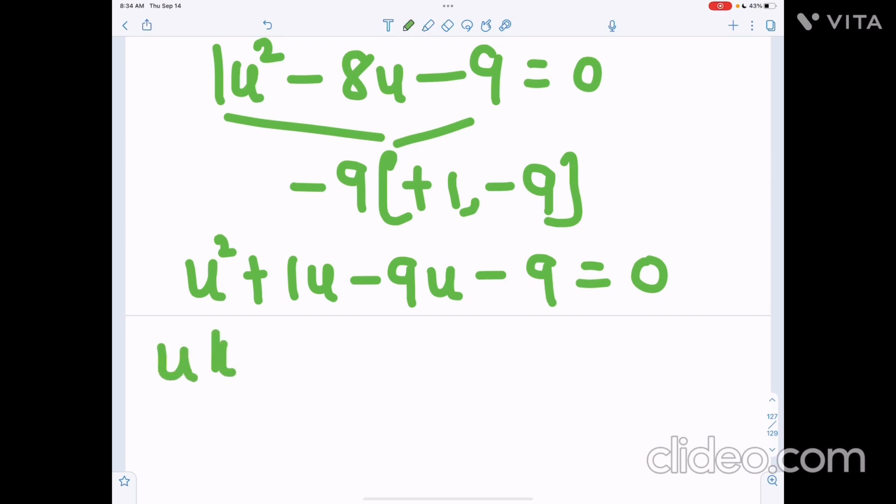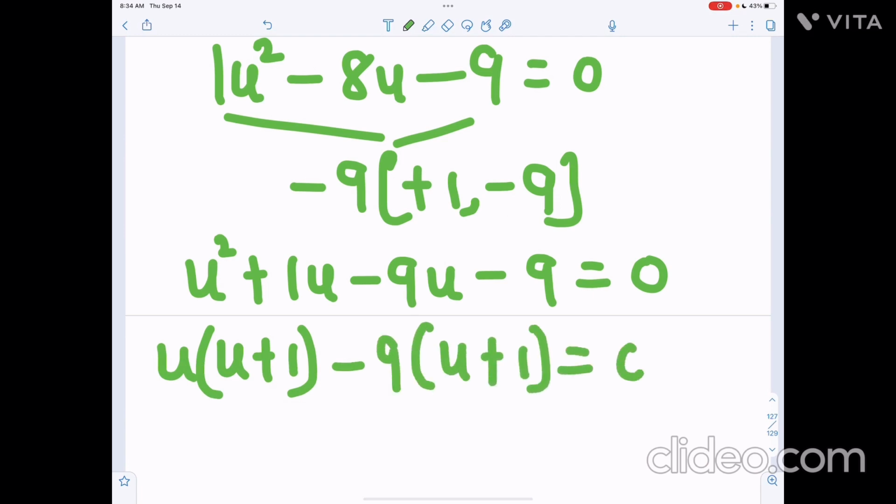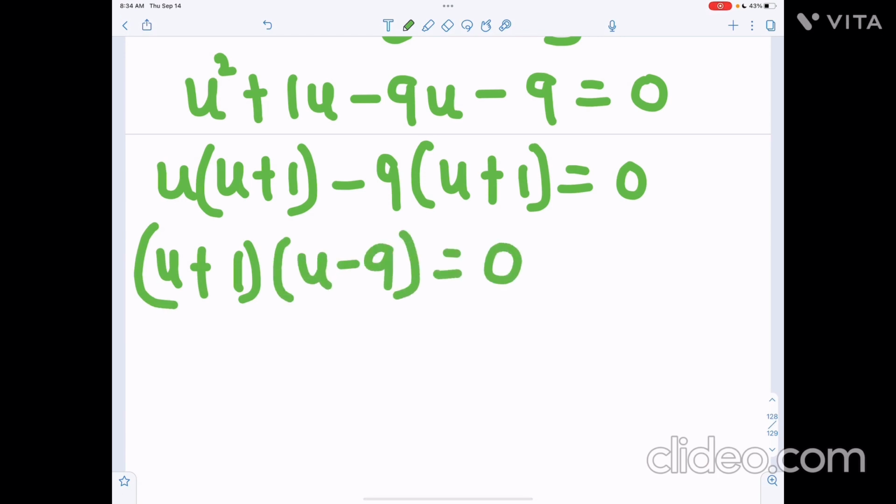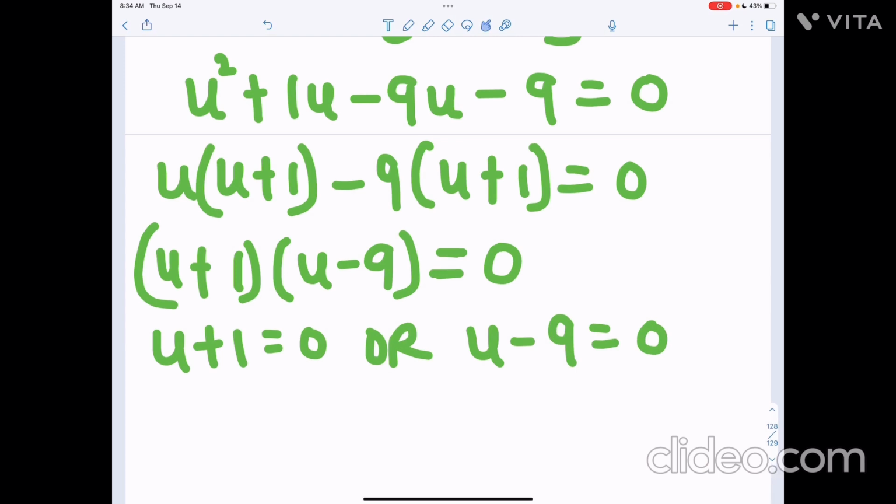This will give me u, open bracket, u plus 1, minus 9, open bracket, u plus 1 is equal to what? 0. So that's u plus 1 times u minus 9 is 0. What does that give you? u plus 1 is 0, or u minus 9 is 0.